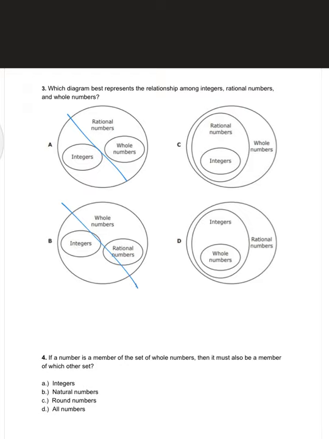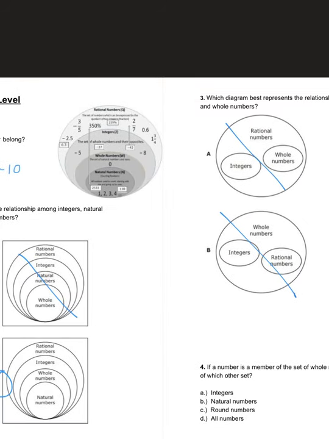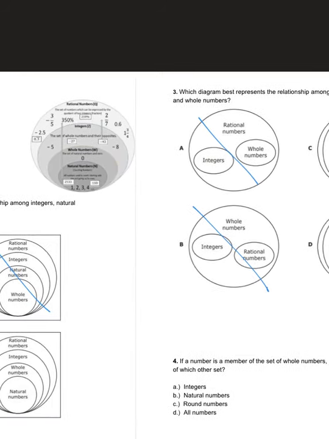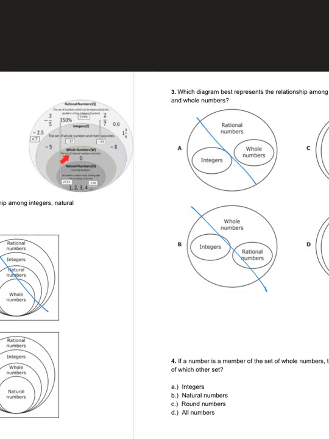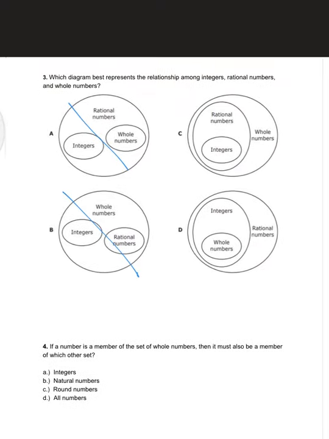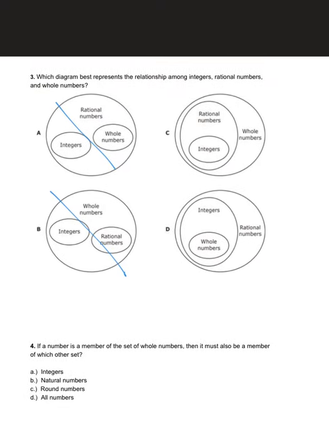So we'll look closer at C and D. In the original image, notice the whole numbers are within the integers, which then is within the rational number set. So we want whole numbers on the inside, then out to integers, then out to rational.